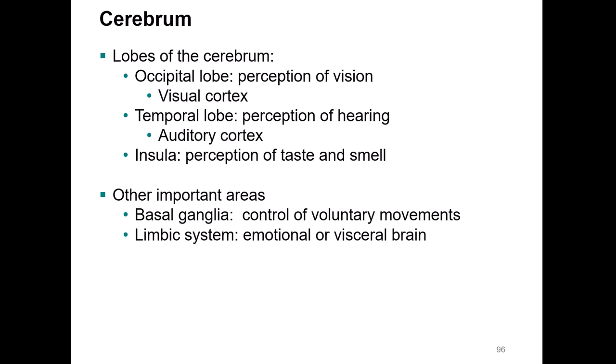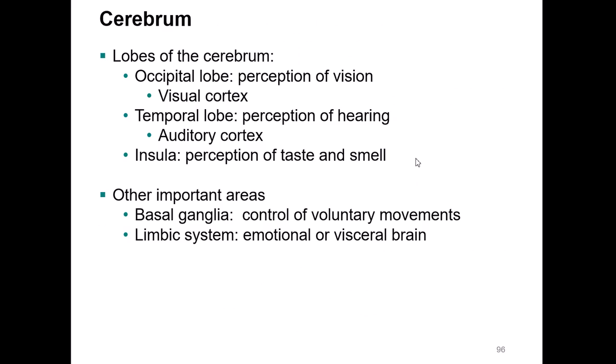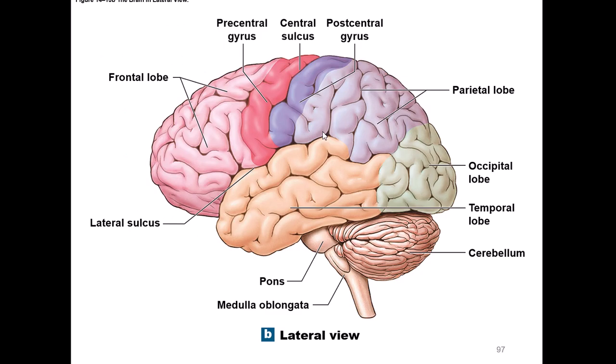Occipital lobe. Right, so if you remember where the occiput bone is, the occipital lobe is right by the occipital bone, and the main thing here is vision. So this kind of green area back here, this is where we perceive our vision. The temporal lobe is the perception of hearing. So all of this here is going to be for hearing.